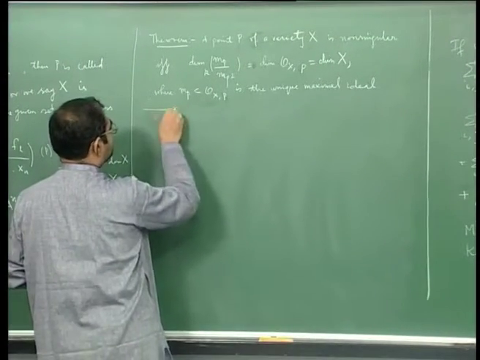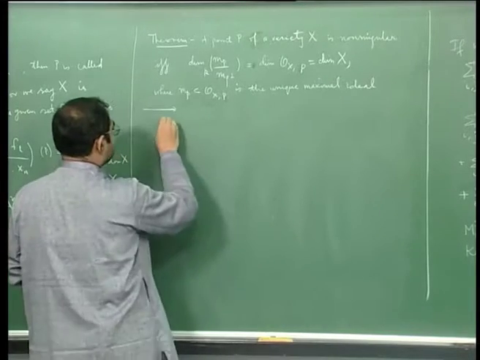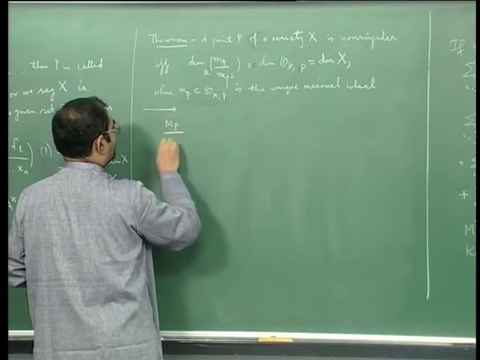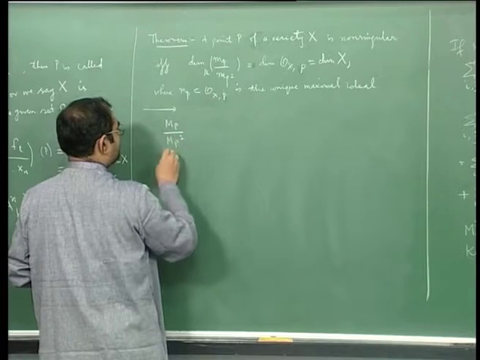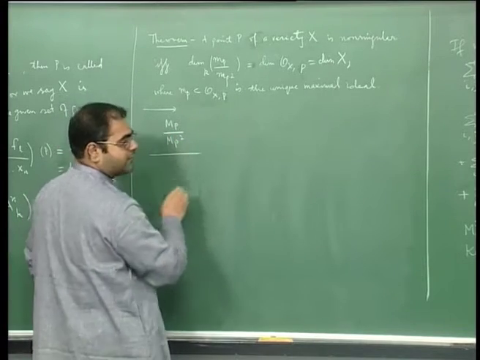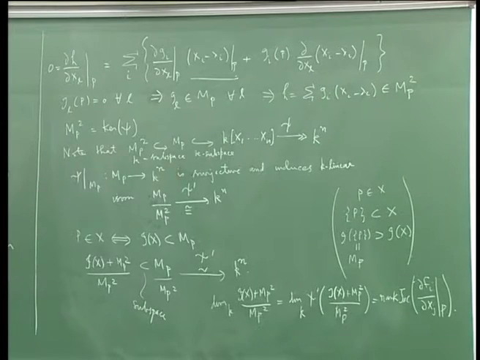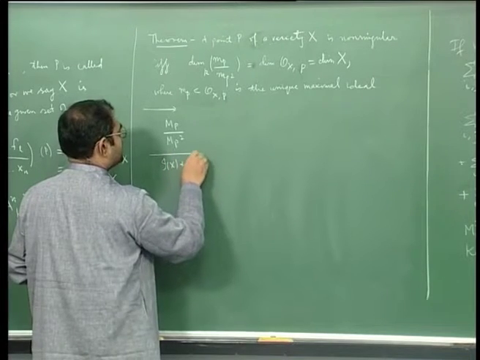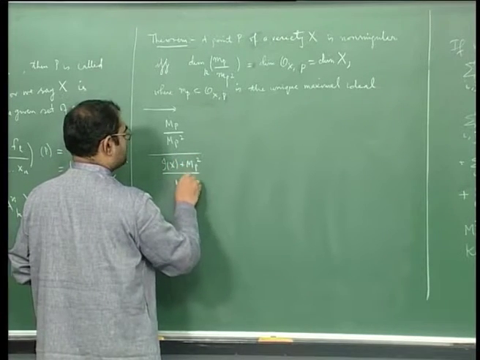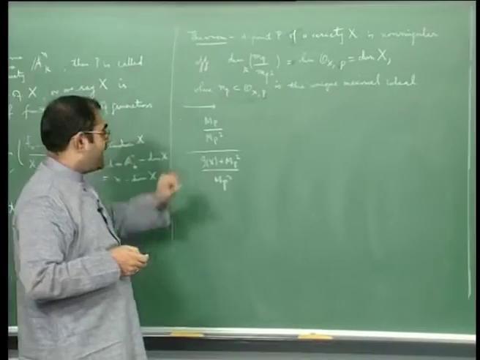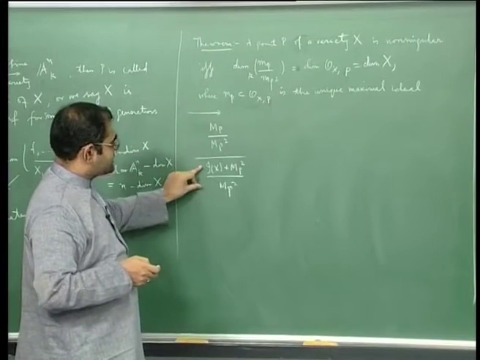So what will happen is, see, what you should remember is, you see, MP mod MP squared divided by Ix plus MP squared mod MP squared, okay. I have this, this is a space and this is a subspace.